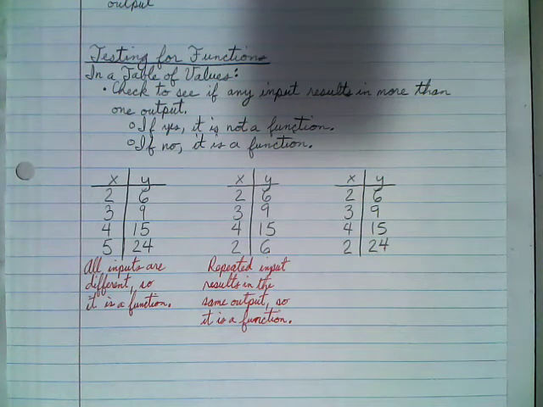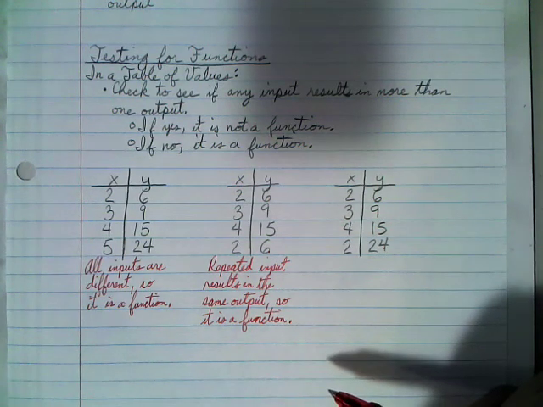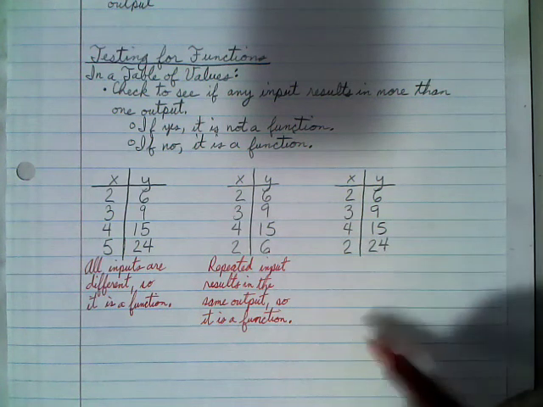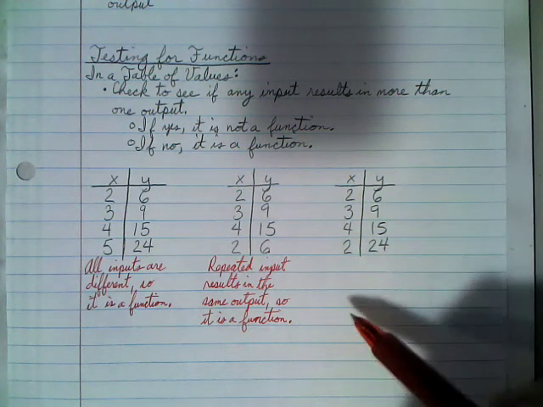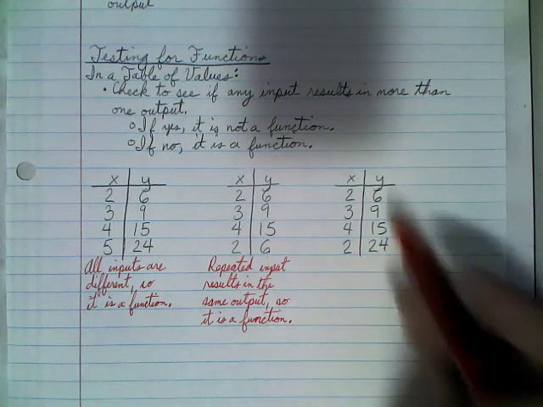I can't depend on that. And so this would not be a function. There are relations out there that are not functions, and that can be okay in certain circumstances, but they're just not functions.